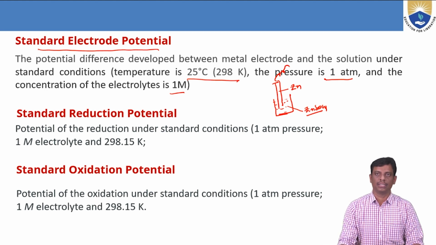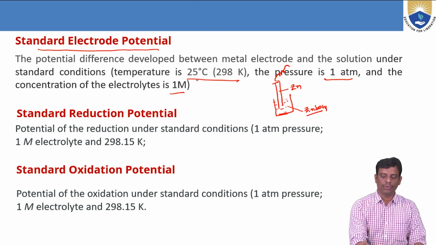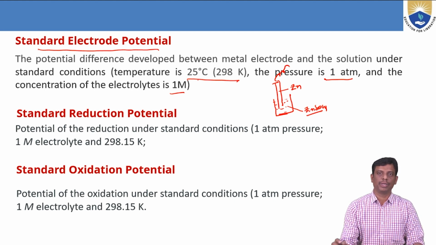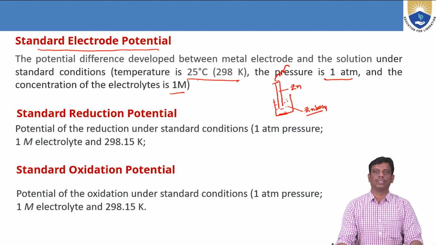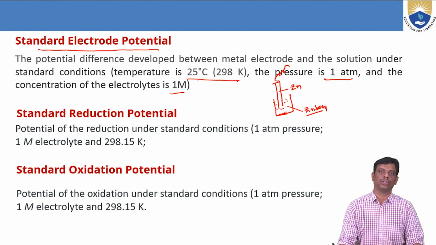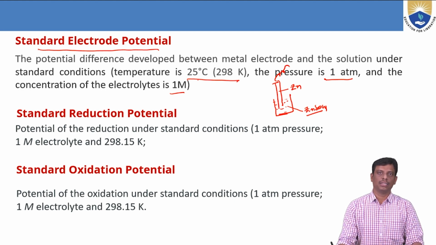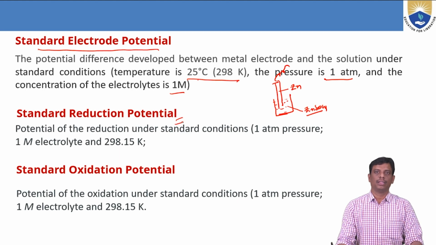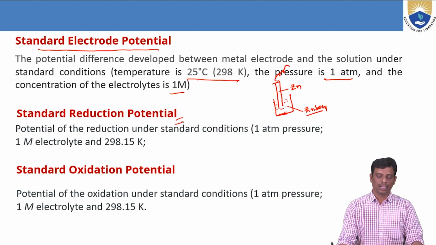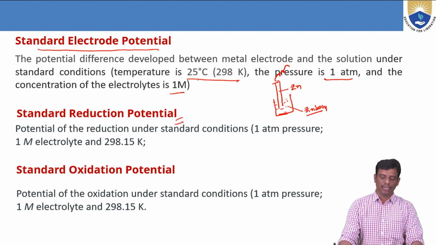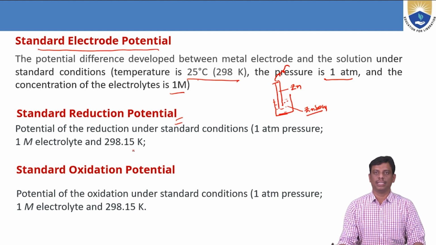We measure that potential difference at 25 degrees centigrade, 1 atmosphere pressure and 1 molar concentration, and that is the standard electrode potential. At the same conditions, if you measure the potential at the cathode, that is the standard reduction potential.